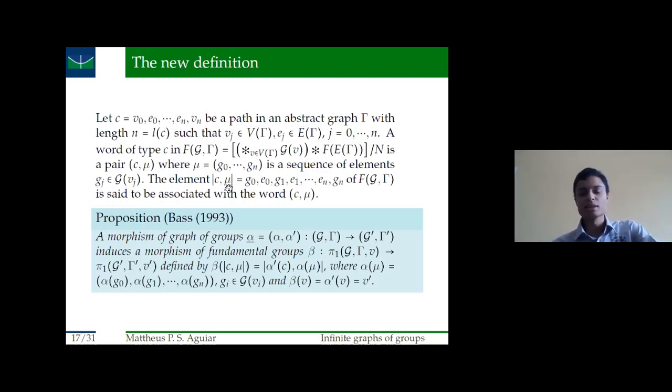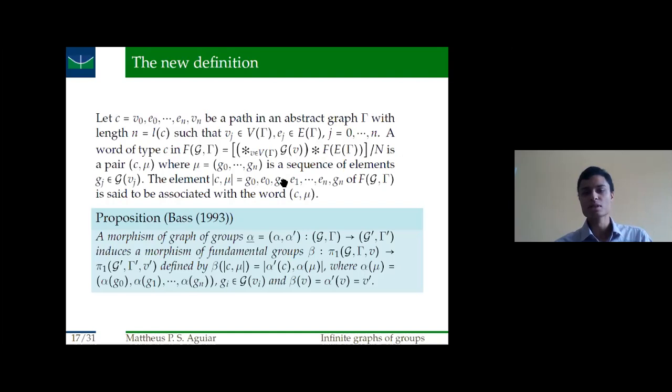So the abstract fundamental group with a base point V is defined to be these elements (C, mu), where the initial and the final vertex of the path C is the same vertex.